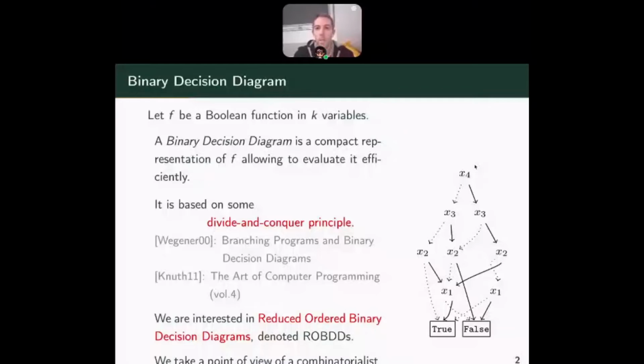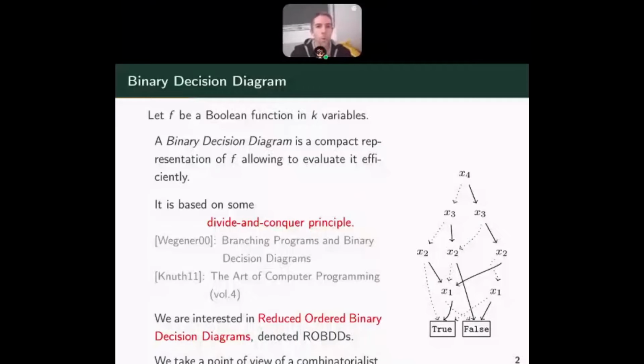So here the indices of the variables go from 4 to 1 and are always decreasing. And the fact that it is reduced means that you have no 2 occurrences of the same substructure in the decision diagram. Okay, and so we are interested in the combinatorics of this data structure.